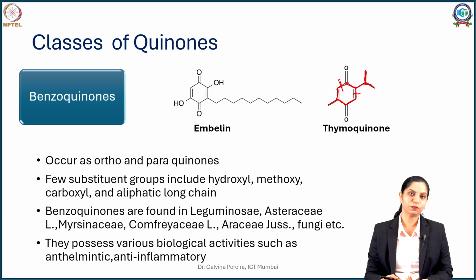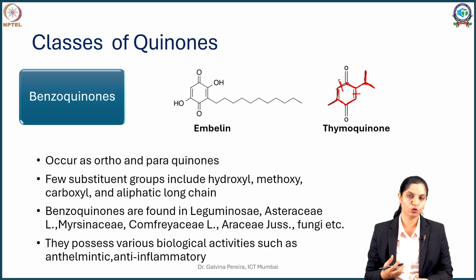Now quinones, especially benzoquinones, are found in families such as Leguminosae, Asteraceae, Myrsinaceae, Boraginaceae or Araceae. Not only that, they also occur in some species of fungi, and these are very potent ones. So they have anti-inflammatory activity, and they have an ability to ward off parasites.